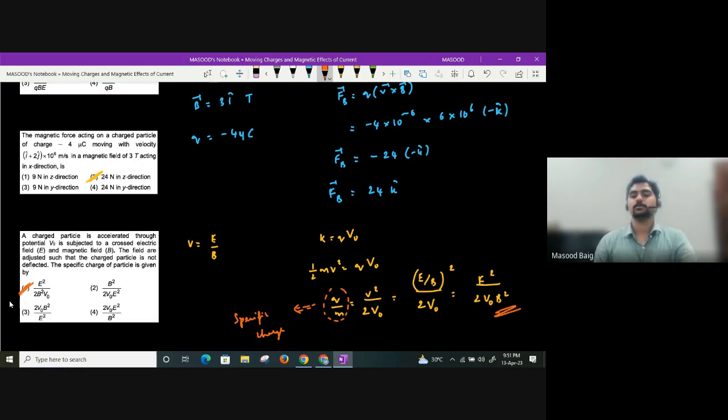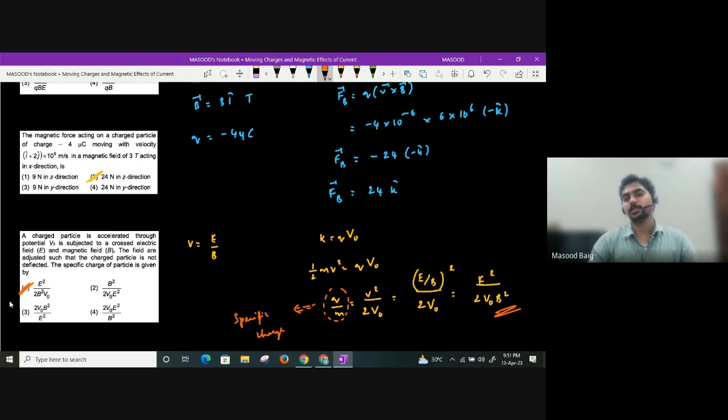Is that clear? So whenever the electric field and magnetic field are perpendicular to each other, and I am projecting a charged particle again perpendicular to both the electric field and magnetic field, there is a possibility that it may move undeviated. When will it move undeviated?